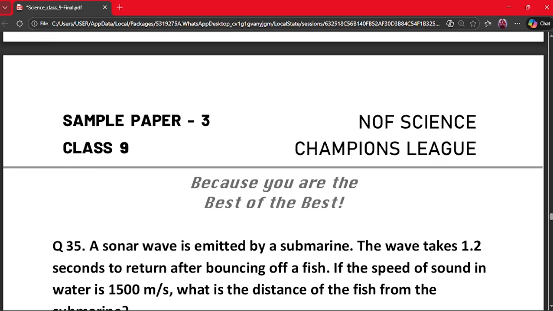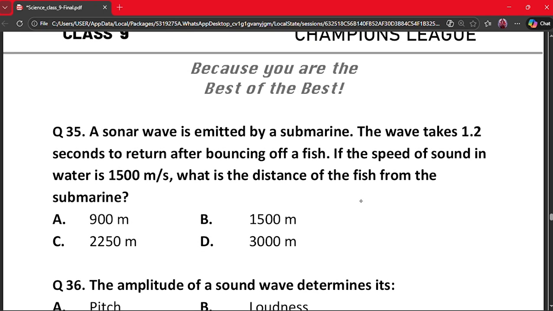Our next question is question number 35. A sonar wave is emitted by a submarine. The wave takes 1.2 seconds to return after bouncing off a fish. If the speed of sound in water is 1500 meter per second, what is the distance of the fish from the submarine? A. 900 meter, B. 1500 meter, C. 2250 meter, and D. 3000 meter.